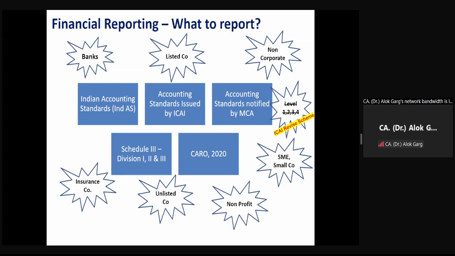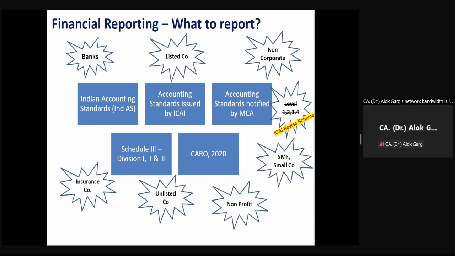The third one is accounting standards for non-corporate entities. Non-corporate entities are like partnership firms, LLPs, sole proprietorship firms, Hindu undivided families. So these are the non-corporate entities. And while drafting the books of accounts of non-corporate entities, accounting standards are still applicable, but these are those which are issued by the Institute of Chartered Accountants of India.